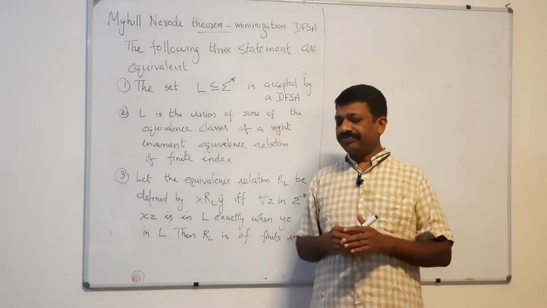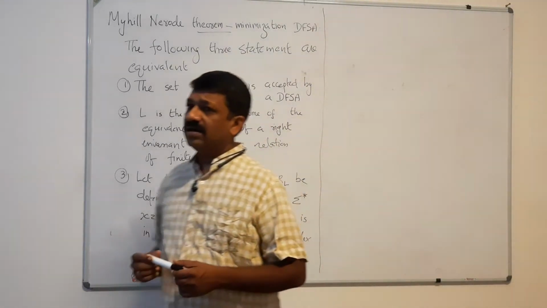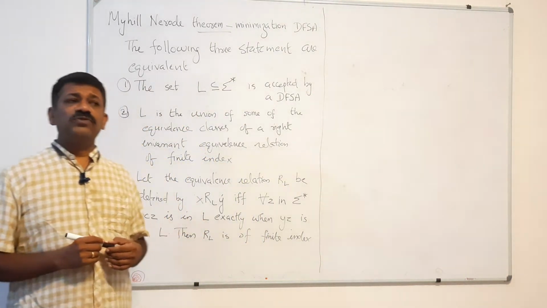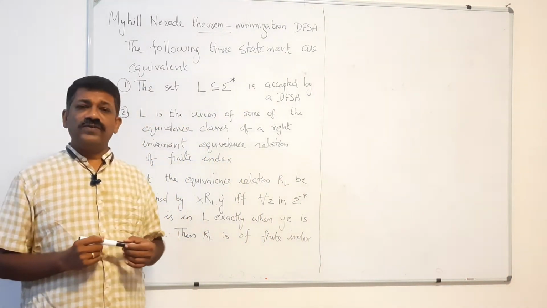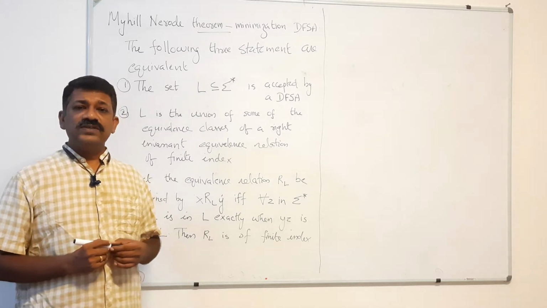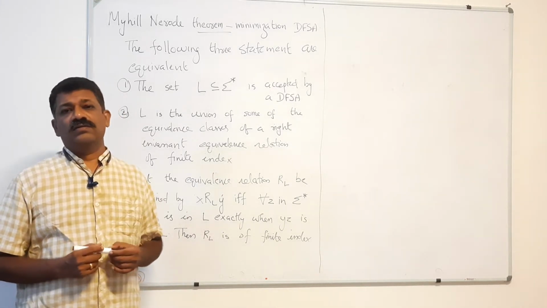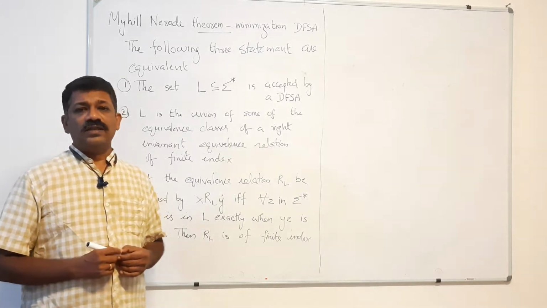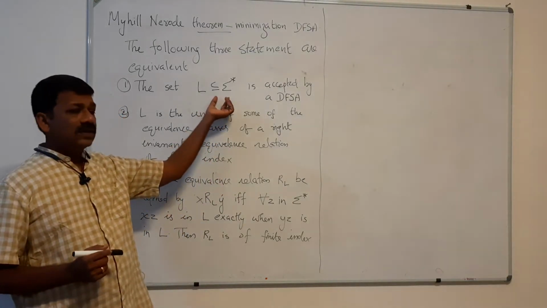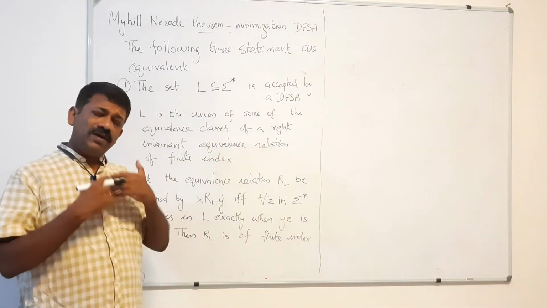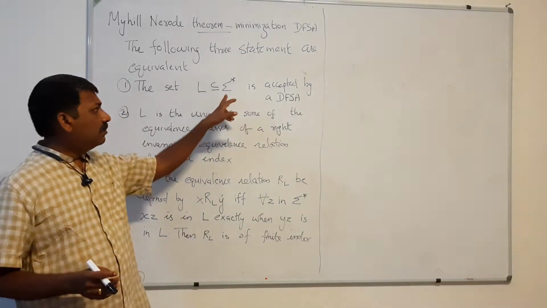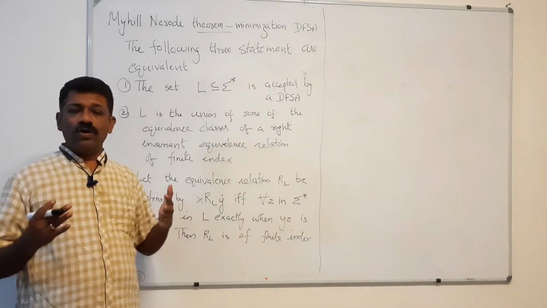For example, suppose the set of binary strings which are ending with 0, 1. That means you can have an infinite number of binary strings.